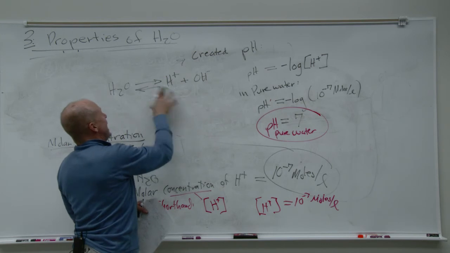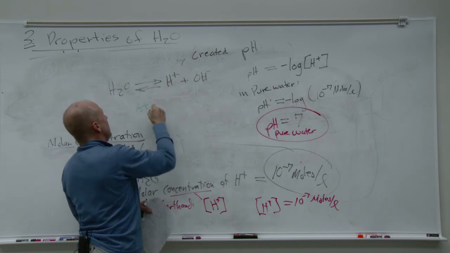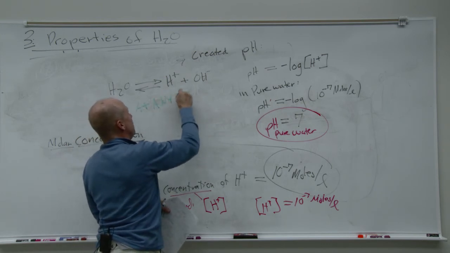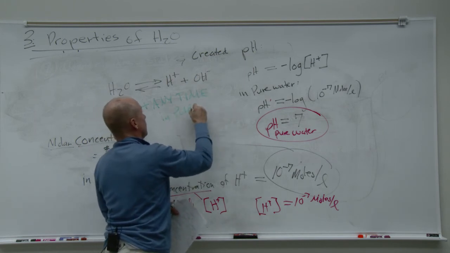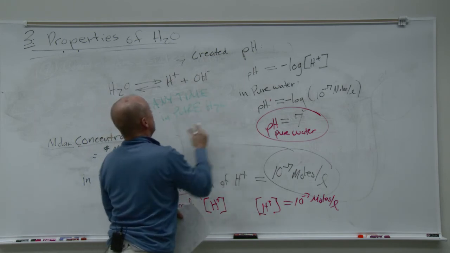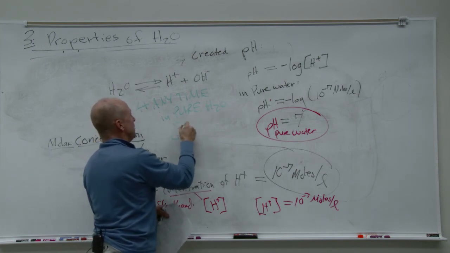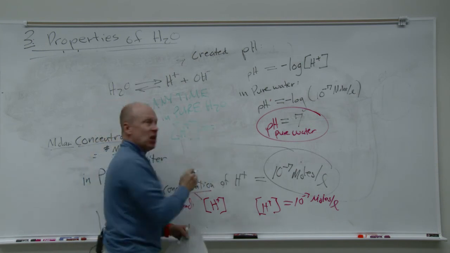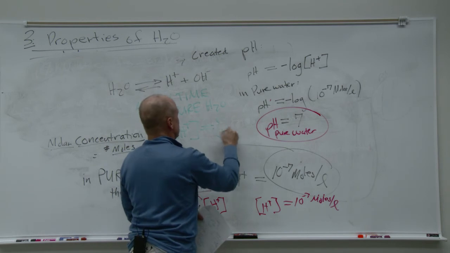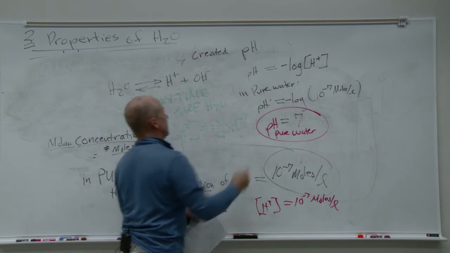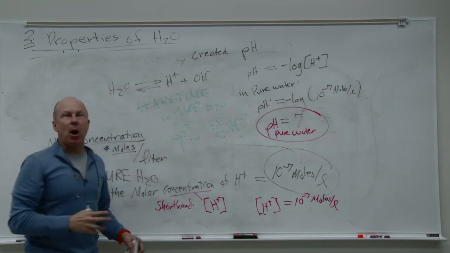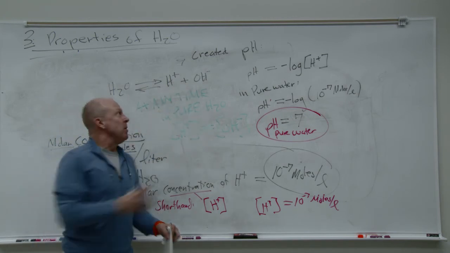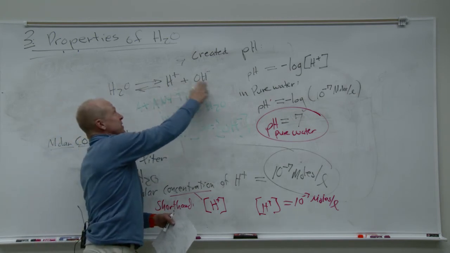Because of that, at any time in pure water, H2O, the concentration of H plus will equal the concentration of OH minus. Because that's all you've got. You've got water molecules breaking apart. There's no way to have any imbalance between this and this.